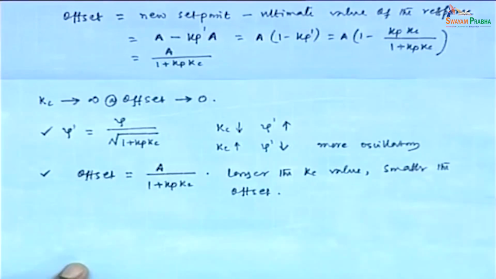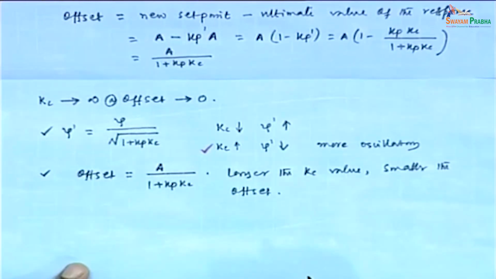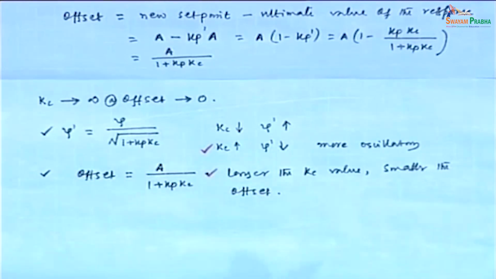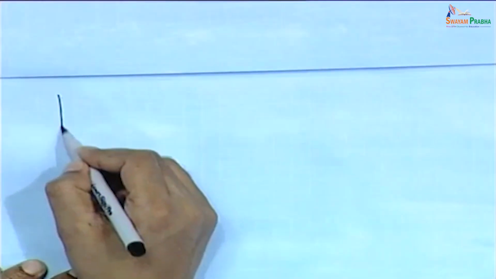Fine. Now, considering these 2 points, with the increase of Kc, the overall response becomes more oscillatory, and the larger the Kc, the smaller the offset. We will produce the closed loop response plot keeping in mind these 2 points.